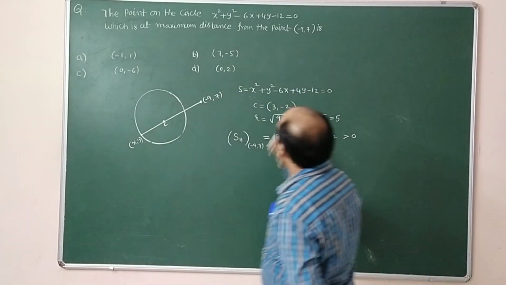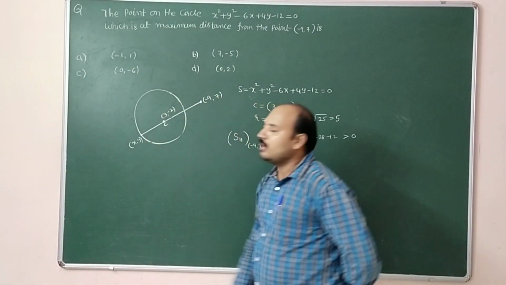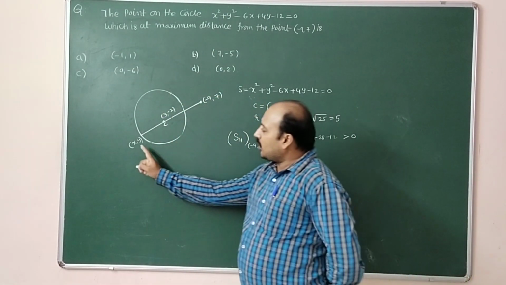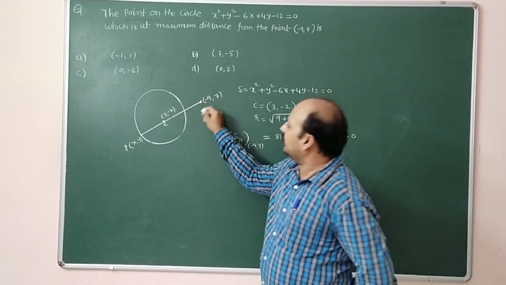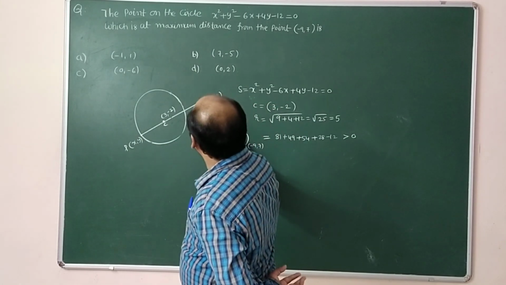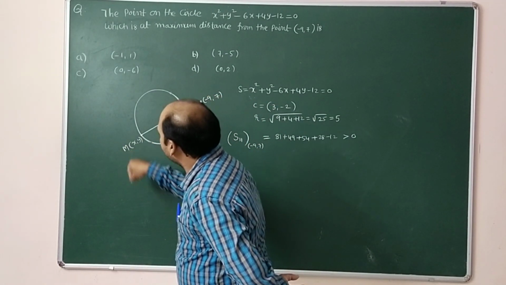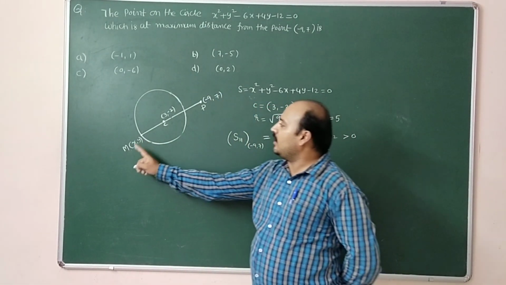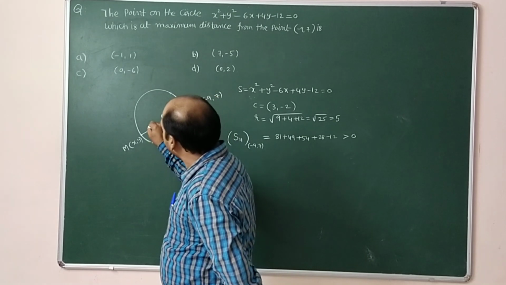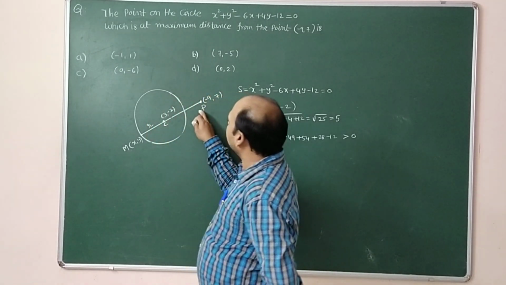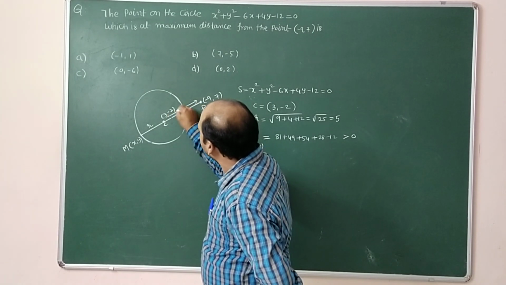What is center? 3 comma minus 2. So this point P divides CP line. This is given point. Sorry, this is point P. You can take another point M. The point M divides CP in the ratio of, from here to here it is R, from here to here it is distance between CP, that I am taking as D units.